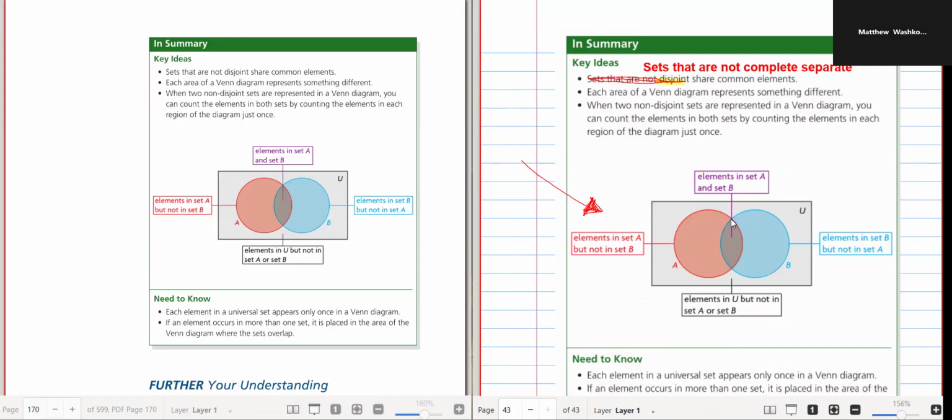So this section here, let me use the same colors they're using. First off, if you are in both basketball and volleyball, you are in both of them. We would say this is the intersection. If you're in set B, but not in set A, you only play volleyball, for example.